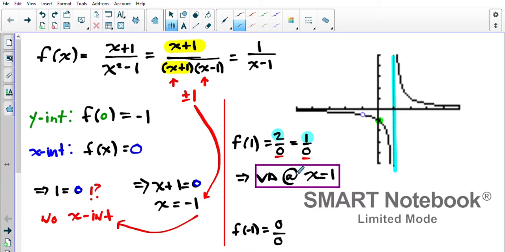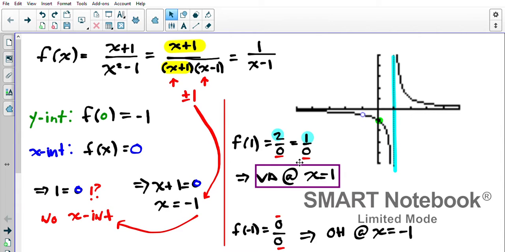So a couple things here. First off, when you get zeros in the top and in the bottom, that is exactly the case where you have what we call an open hole at x is -1.